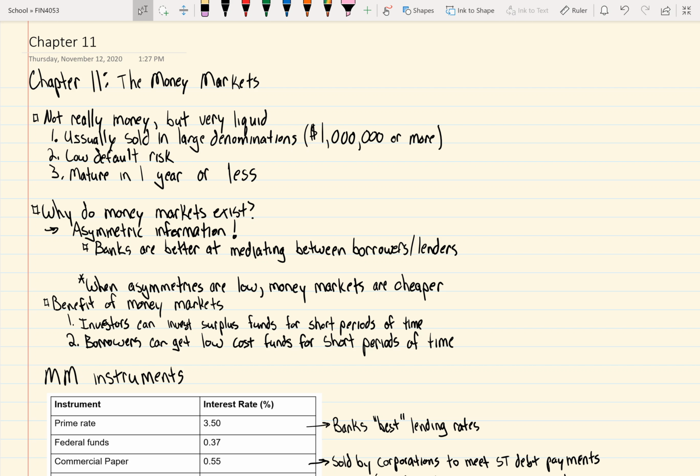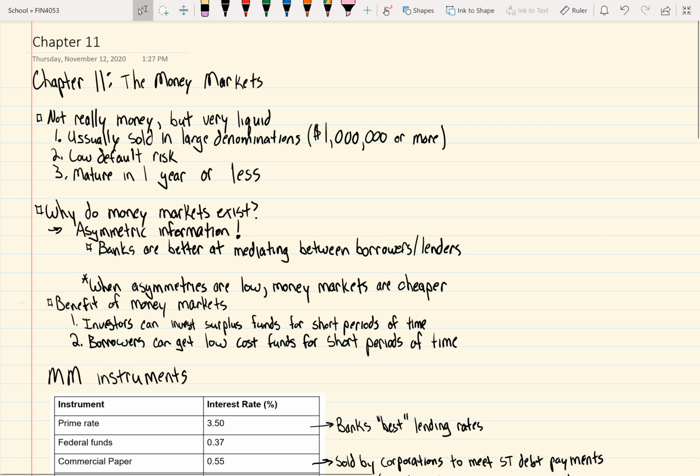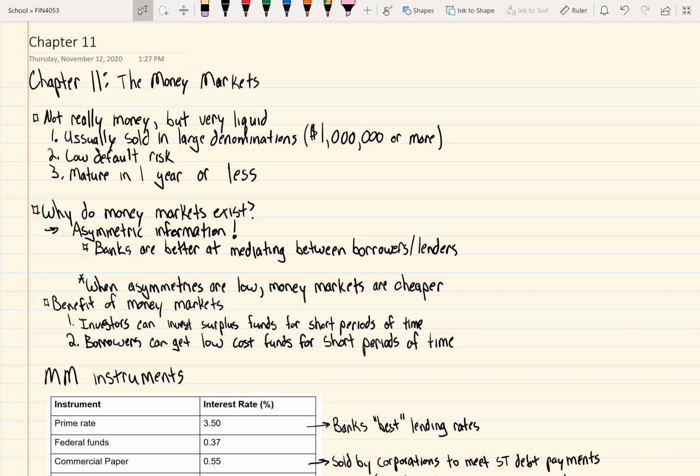So a bank steps in, pays them, and then you pay the bank back. So when asymmetries are very low, money markets are actually cheaper because, in that scenario where you go through a bank to buy a house, the bank is charging you for that. They charge the lender.